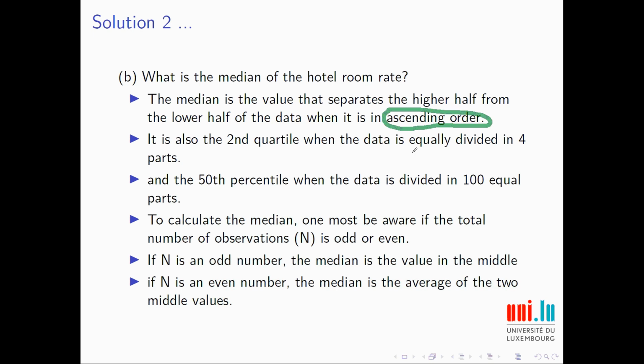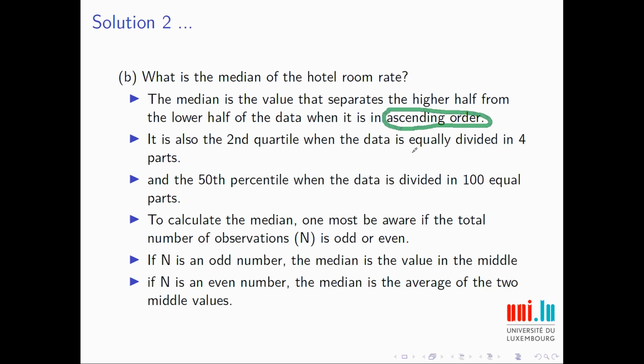Also, you know that the median is the second quartile, and it can also be considered as the 50th percentile when the data is divided into 100 equal parts, etc. I think all definitions you can find in your lectures.